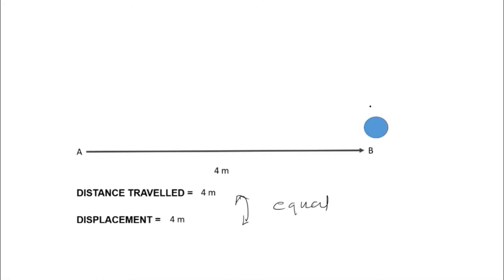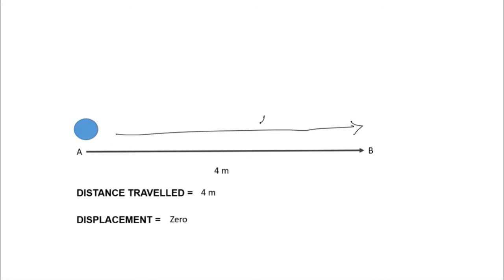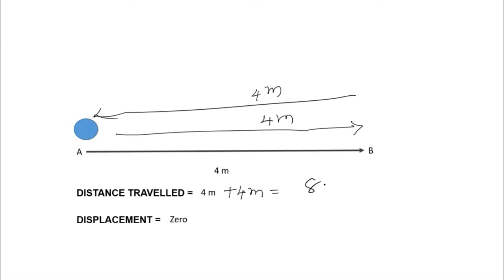Suppose the object comes back to its initial position. The object has gone here and traveled 4 meter, then it has come back, traveled another 4 meter, so the distance is increased: 4 meter plus 4 meter, which will be equal to 8 meter.